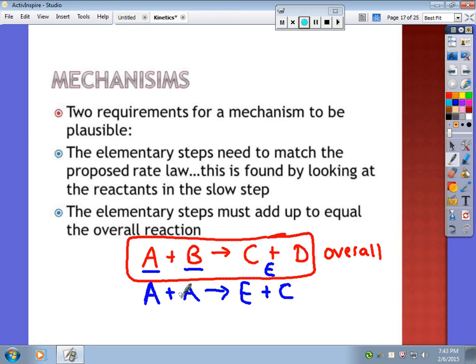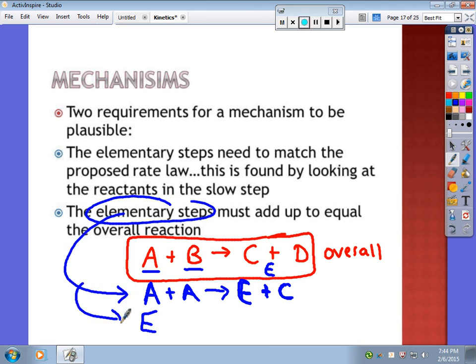You need an A to bump into an A, and that makes E plus C. Well, what the heck is E? Well, guess what? You never see E because in the second step, this is elementary step or baby step 1. Baby step 2, you take E plus B and you make another A plus D.